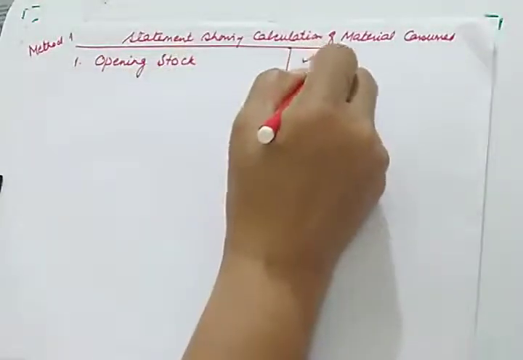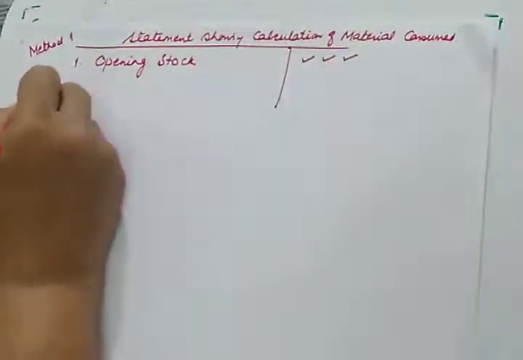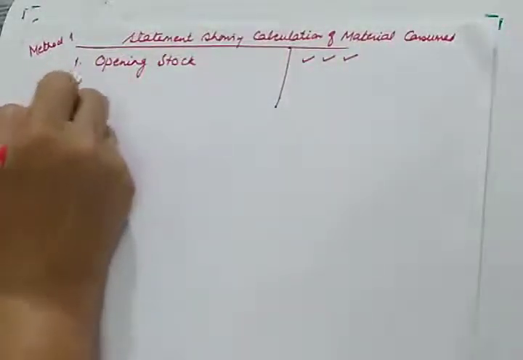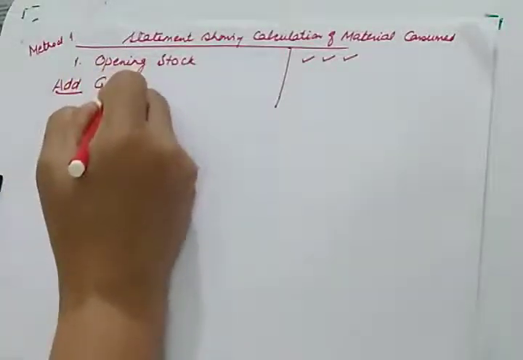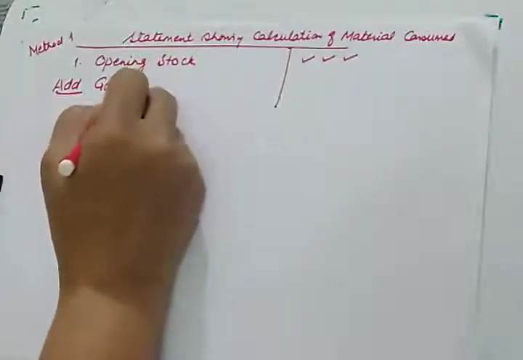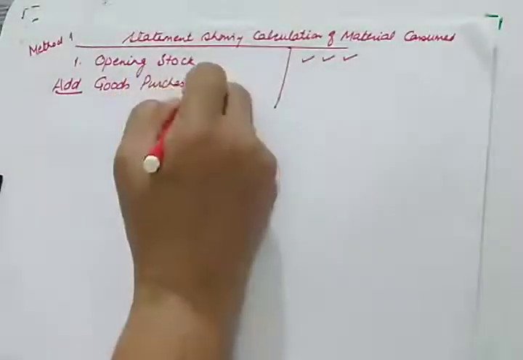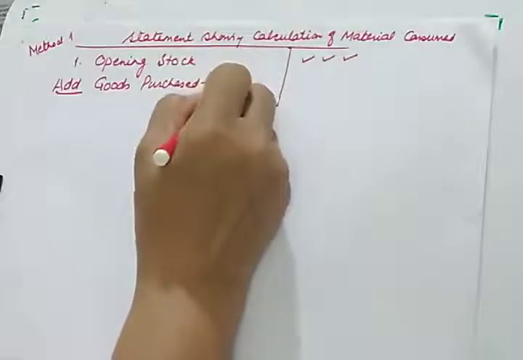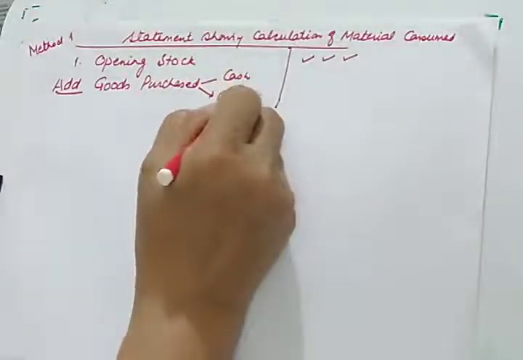Whatever opening stock we have will be written here, and to this opening stock we'll be adding goods or material. It can be stationery, it can be medicine, it can be sports material. So goods purchased during the year, and these purchases can be cash and credit.